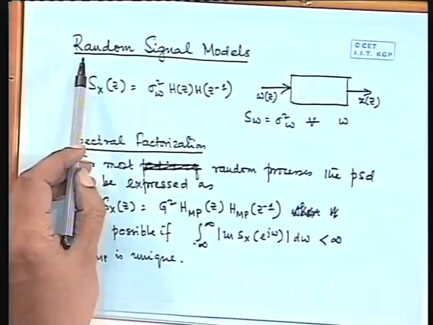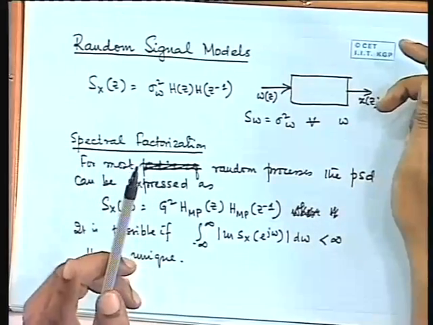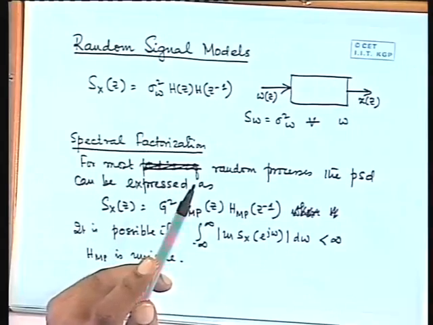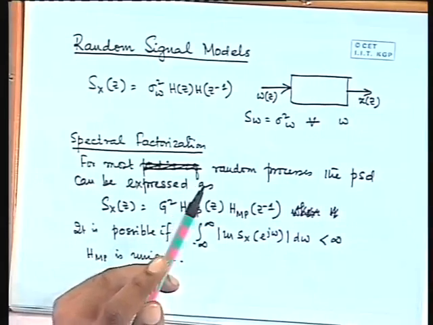So you can always find a minimum phase system whose amplitude response will be equivalent to the amplitude response of H(z). Why is that important? That is important because remember, especially when we talk about random signals, which is of our primary interest, what do we want?